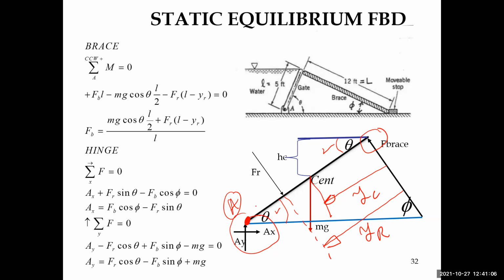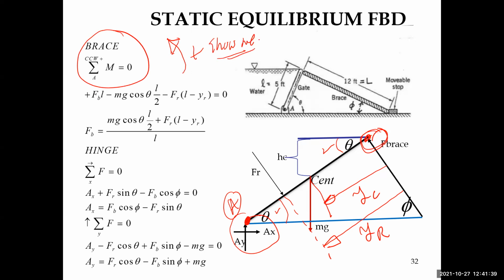I have three unknown forces, A x, A y, and the force of the brace. So if I choose point A as my moment point, then I can eliminate two of the unknowns within my moment equation. So let's do that. I choose to take the summation of moments about point A, and I assume that a counterclockwise rotation is positive.